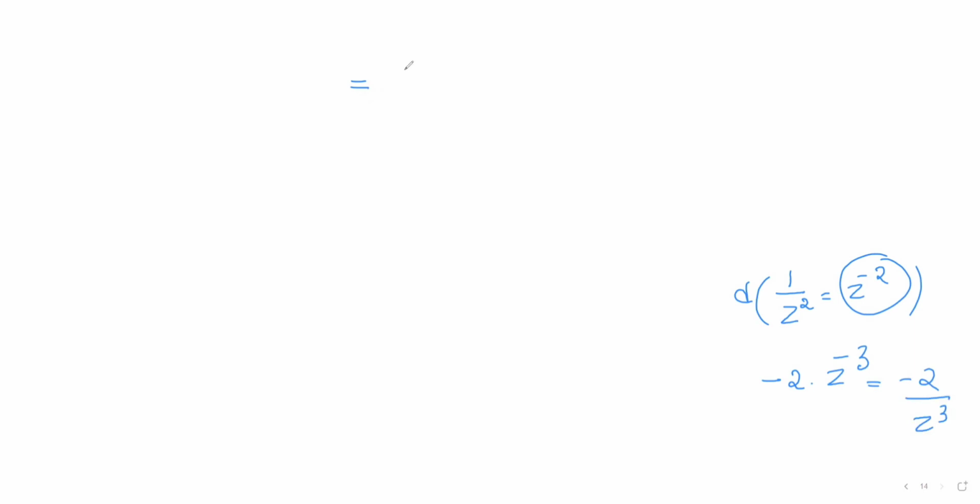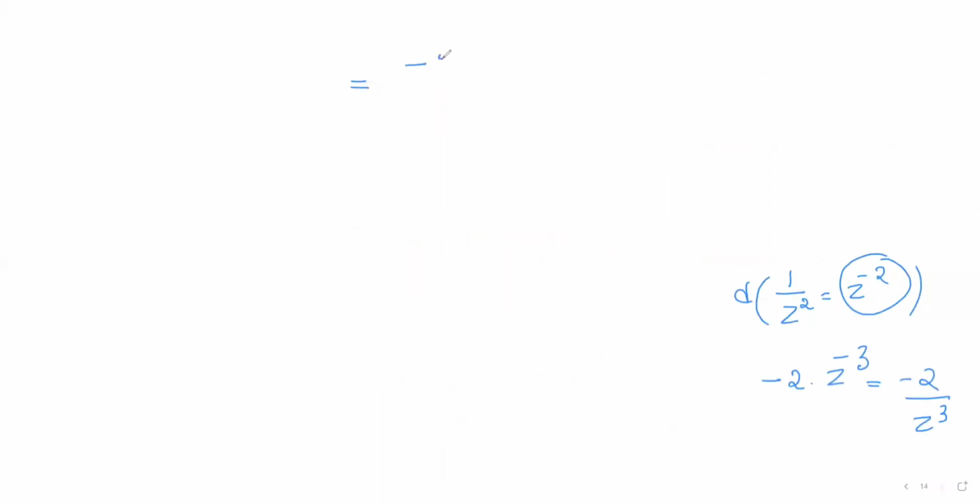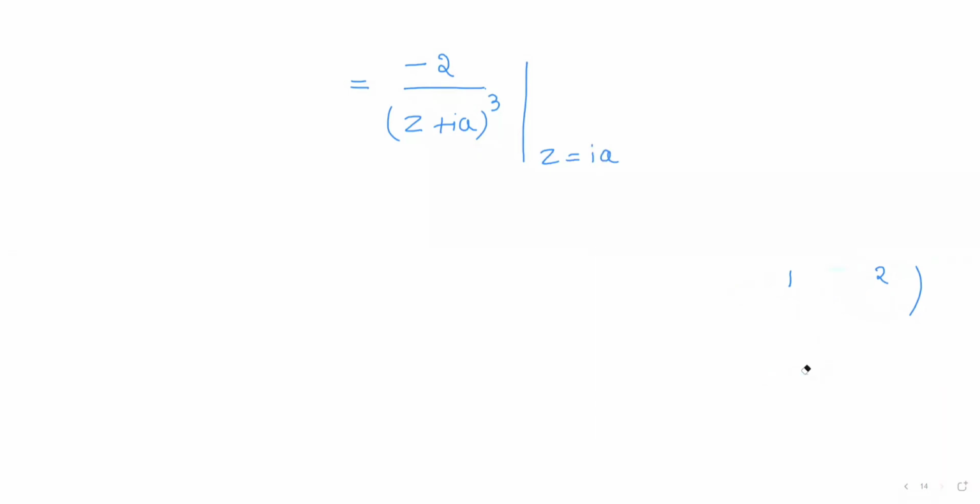So you can use it. Differentiation of 1 by (z + ia)² is −2 divided by (z + ia)³, which is at z = ia, right? Then just put z = ia. So −2 divided by (ia + ia)³.